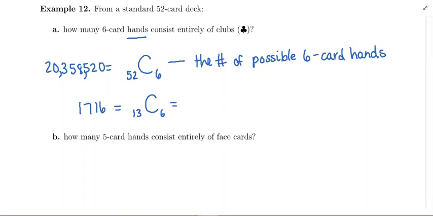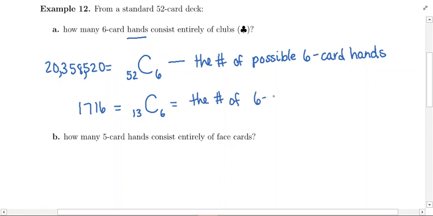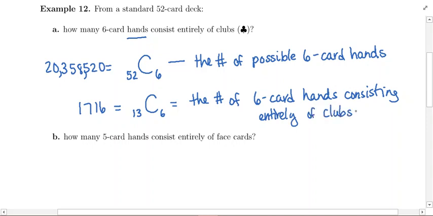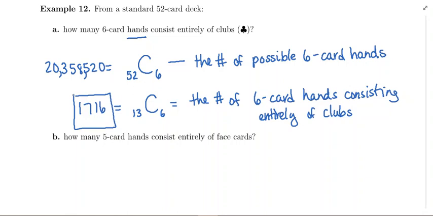This is going to be the number of 6-card hands consisting entirely of clubs. All right, so that's how you do a problem like this. Instead of choosing from the entire deck, you're going to restrict the greater set. We're going to be pulling from only the clubs and choosing 6 of those. All right, let's go ahead and take a look at part B.